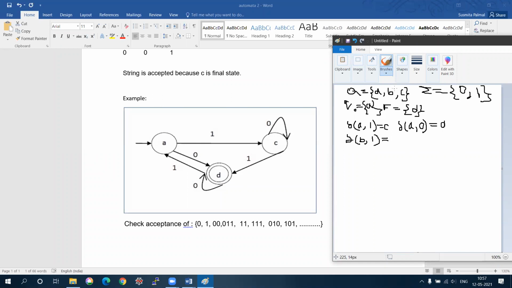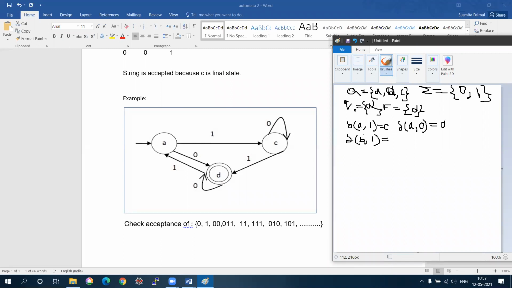Instead of B, we have D state, right? So this is not B, this is D. Just consider that this state is D.